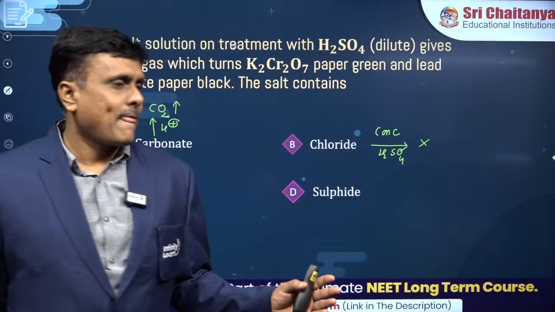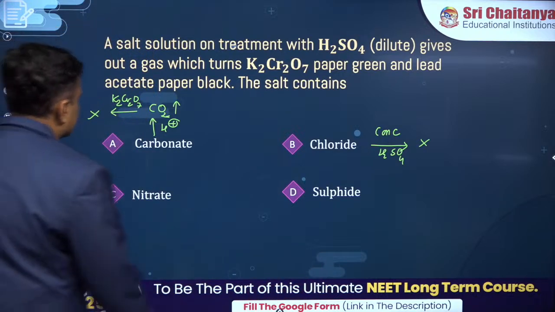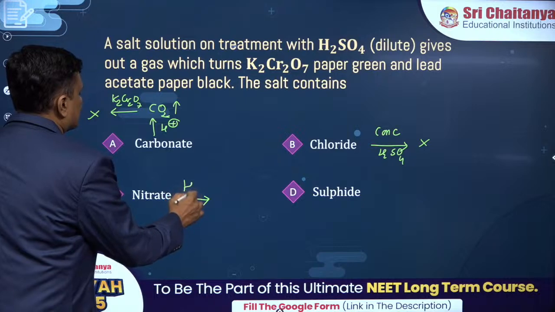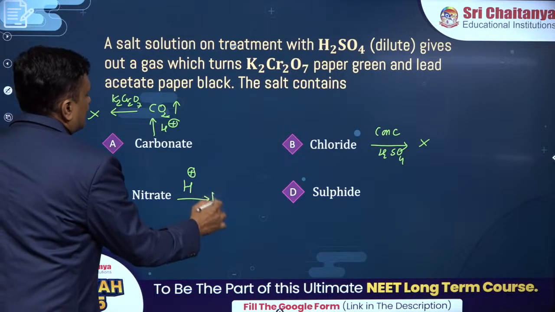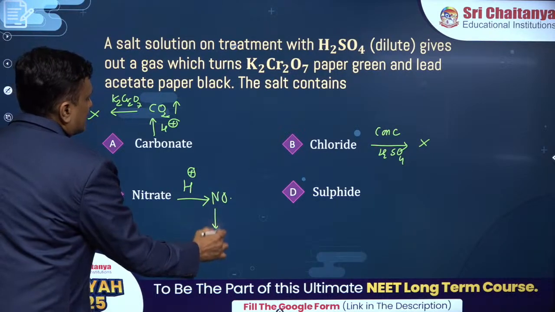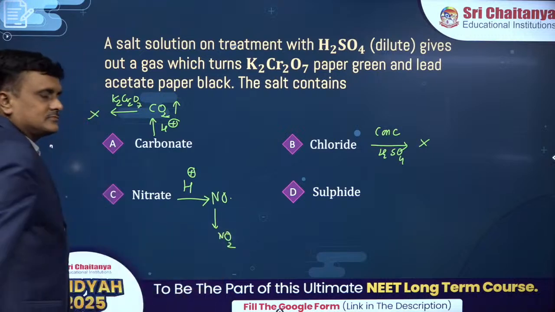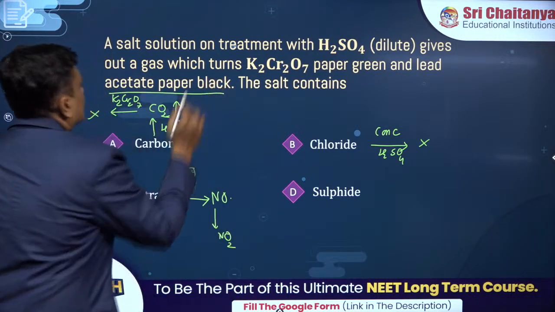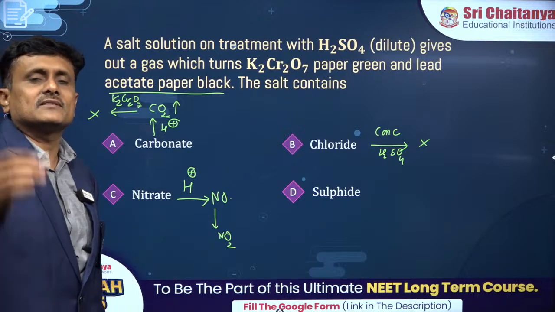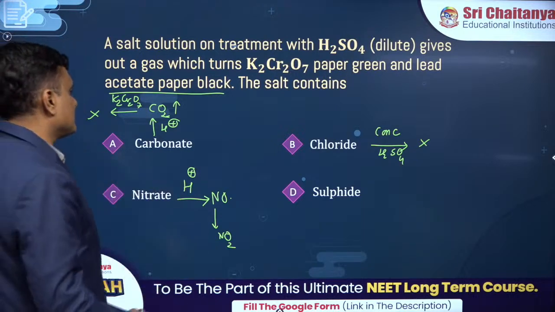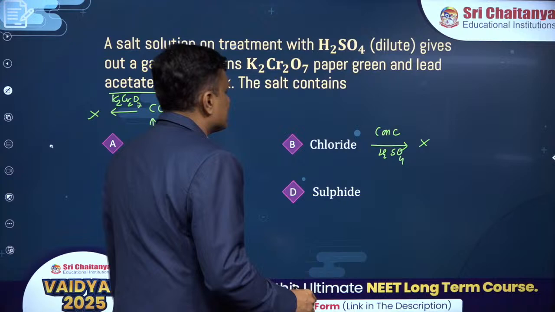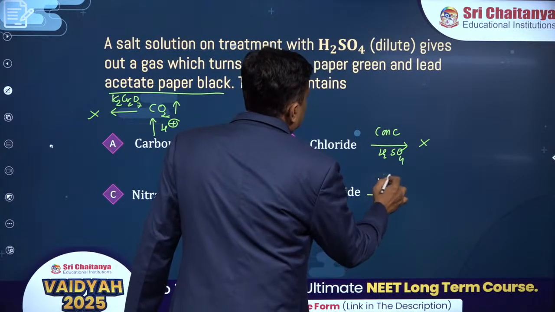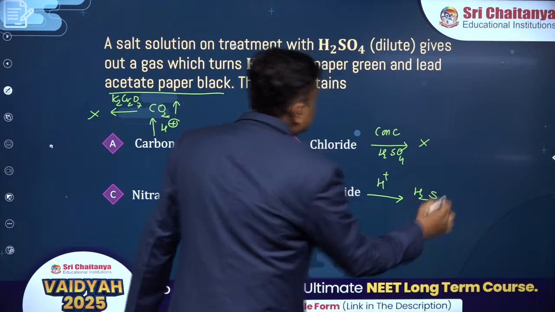Ruled out. Next, nitrate. When you take nitrate and treat it with H plus, the gas obtained is NO, which will later be converted into NO2. It will not turn the lead acetate paper black. If it is lead acetate paper black, yes, you got it, sulfide. So when this is treated with H plus, H2S is obtained.